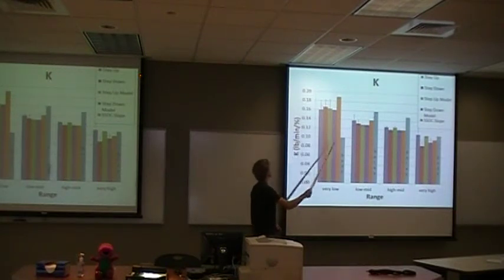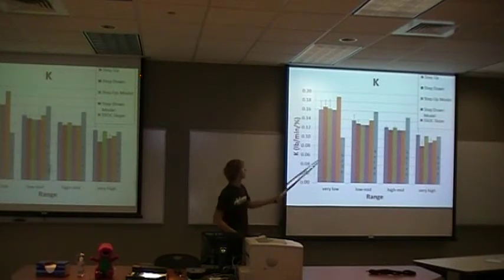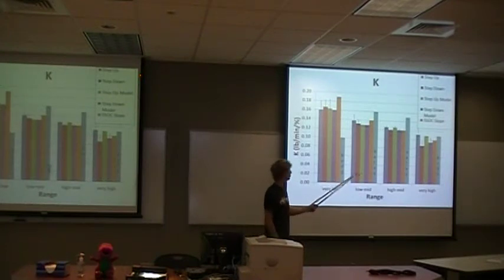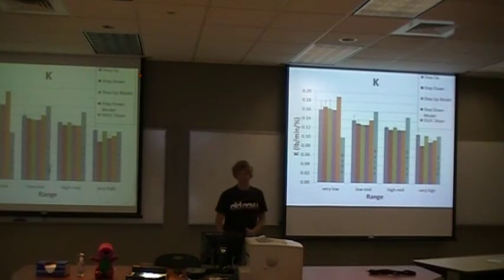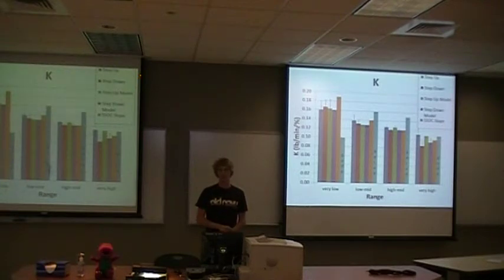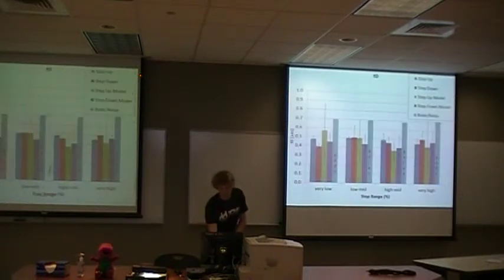You can see that the Bode comes in significantly lower than the rest of the K's found in the lower region, and is a little bit higher in the mid-range, and a valley in the very high range. The rest of the systems in comparison there are the step-up and the step-down model, skipped over previously, the step-up and step-down experimental values, and the model SSOC slope.